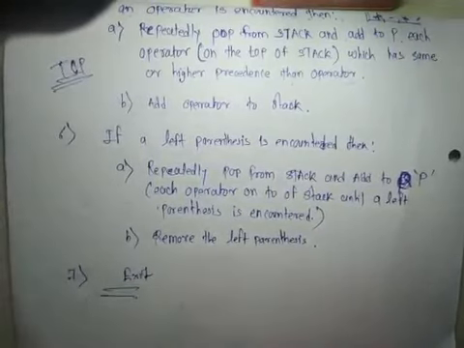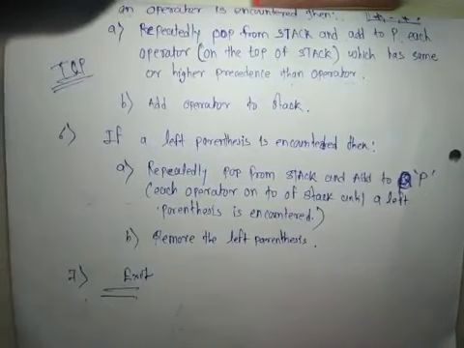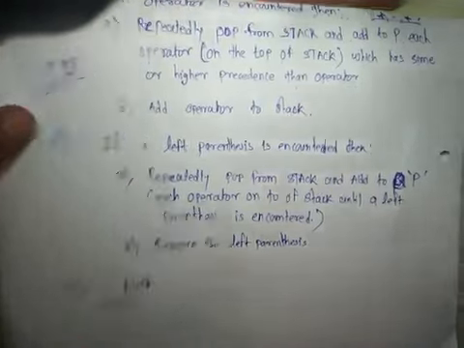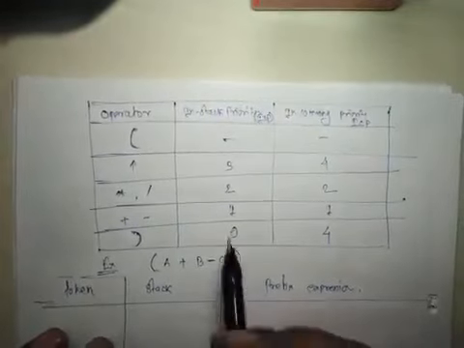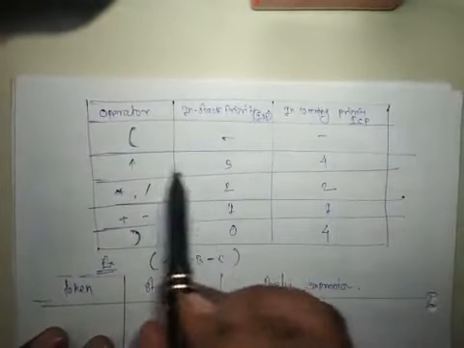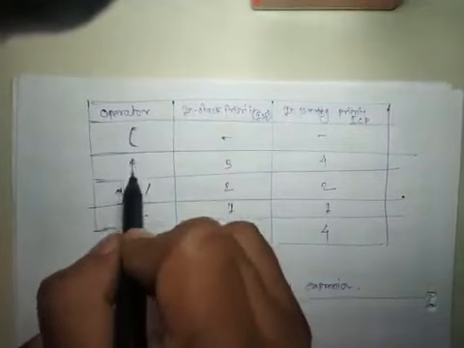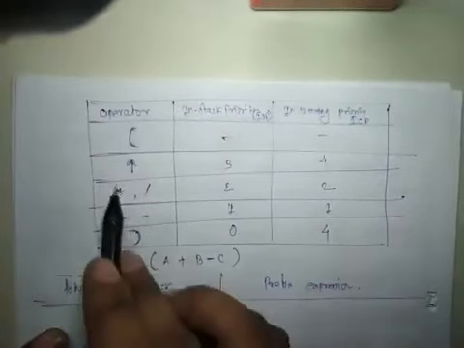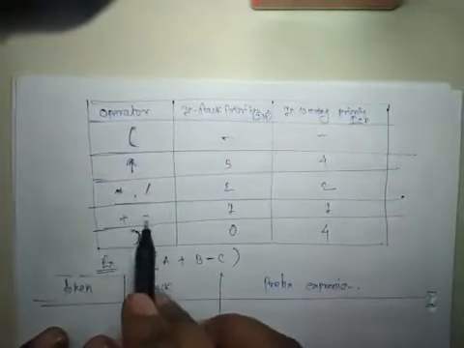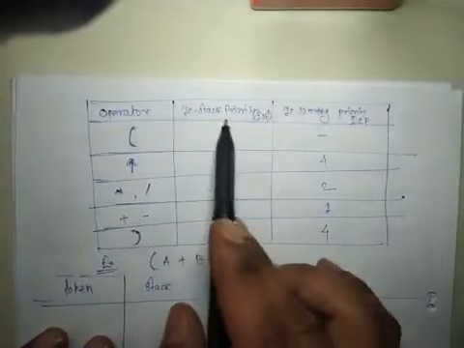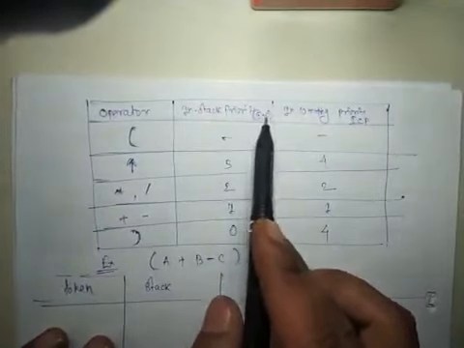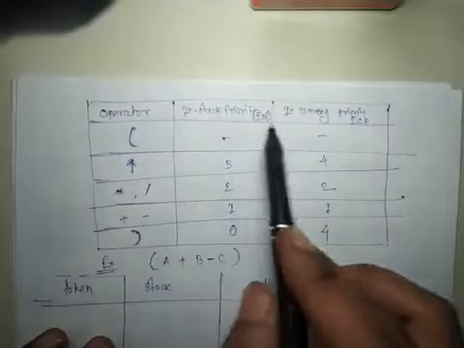So we are going to see the priority table, the precedence for operators like exponent, multiplication, division, plus, minus. We are going to see the precedence or priority of each operator in stack or incoming.